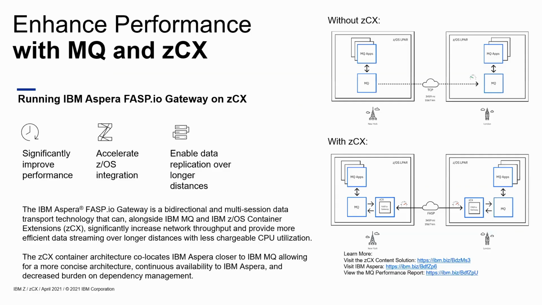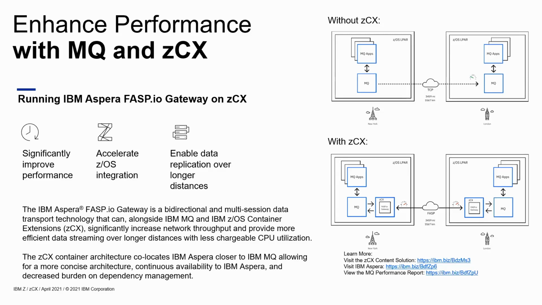There's another advantage you can leverage with zCX and MQ, and that is running the IBM Aspera Fast.io gateway on zCX, and how this can really enhance performance. The IBM Aspera Fast.io gateway is a bidirectional and multi-session data transport technology.